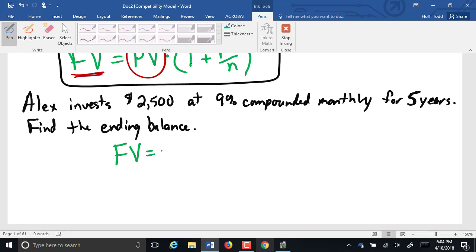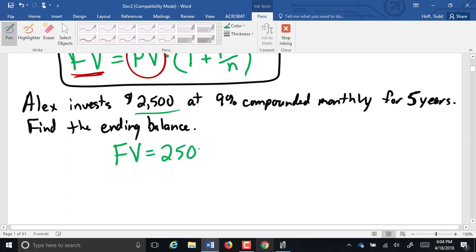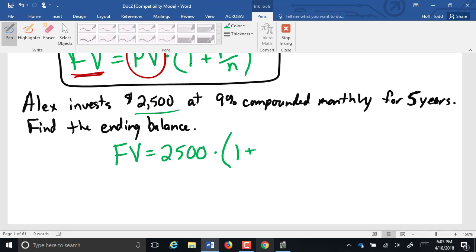To find the future value, we need the present value, which is 2,500 times parentheses. Now, 1 is just part of the formula. That's from the 100%. Plus, what's our rate here? 0.09. 9% becomes 0.09 as a decimal.